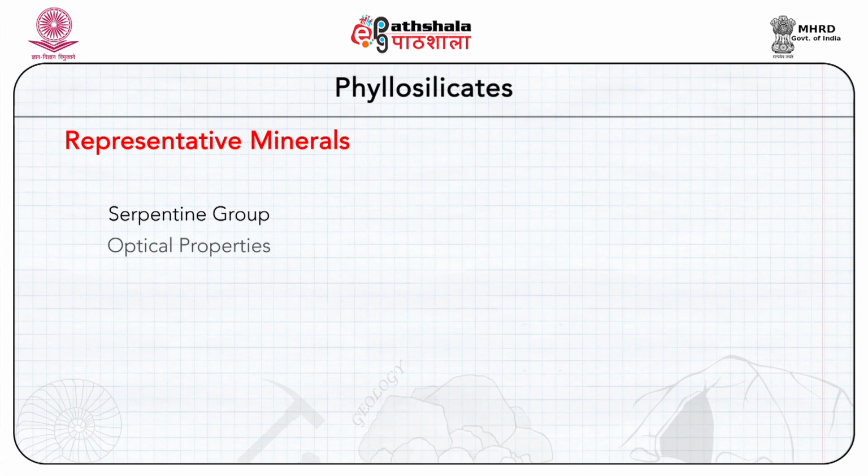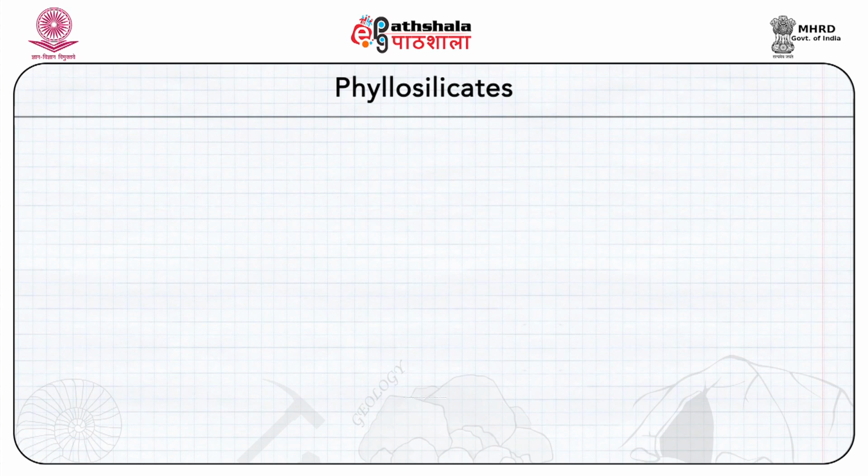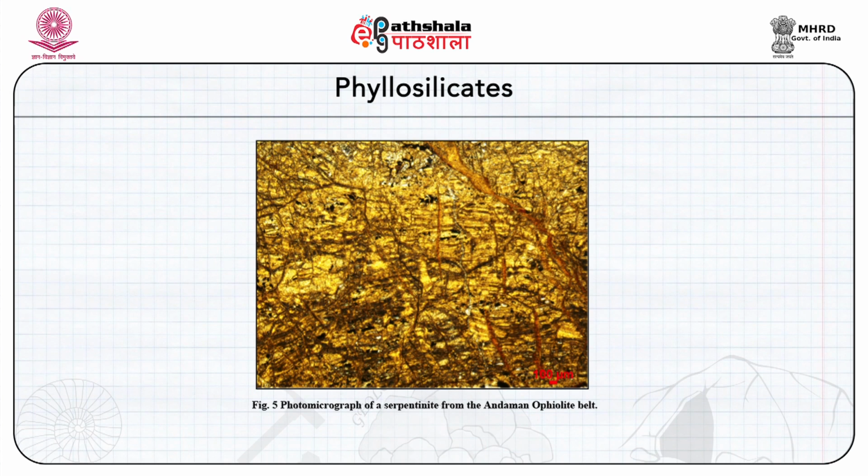As for the optical properties of minerals belonging to serpentine group of minerals, they show colorless or pale green or yellow green color in thin sections, shows moderate relief and are biaxial negative.